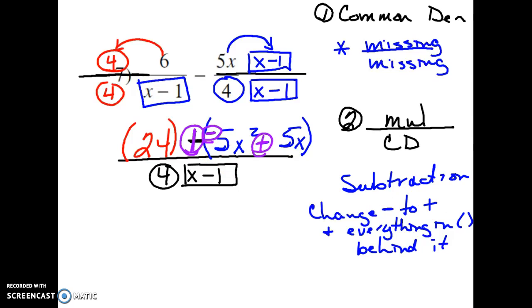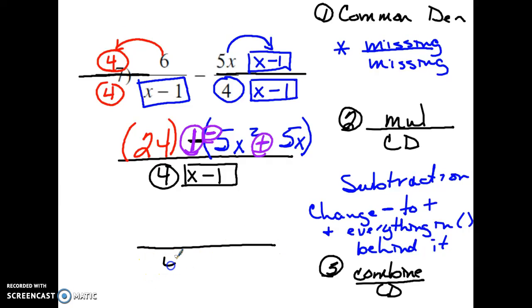And now I'm ready to finish up step 3. Step 3, we're going to combine like terms in the numerator, and we already have our common denominator. So I already have my common denominator, which is 4 times x minus 1. And in my numerator, starting with the highest power, I have some x squareds.